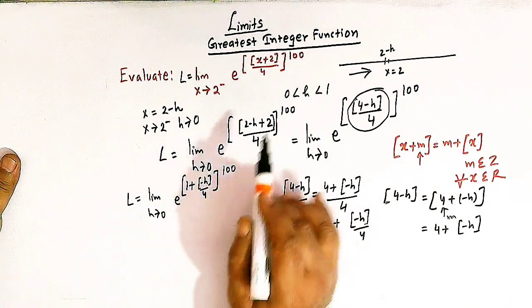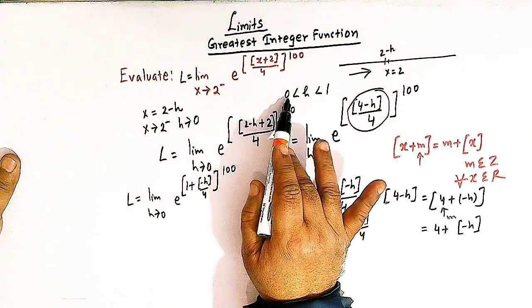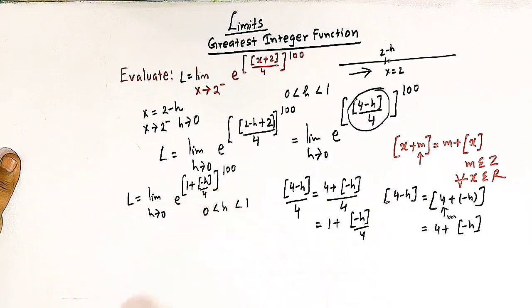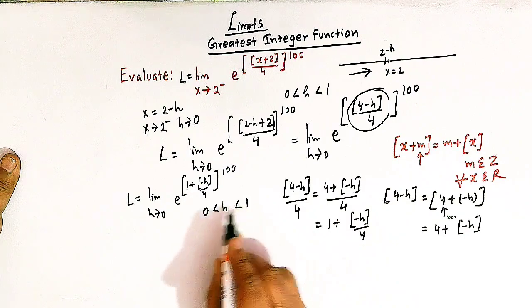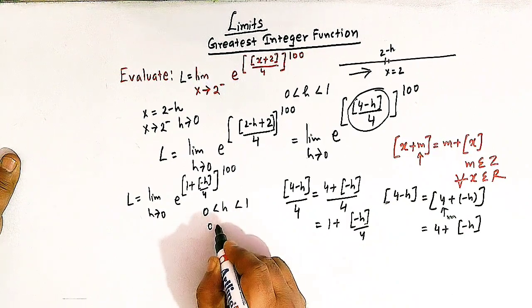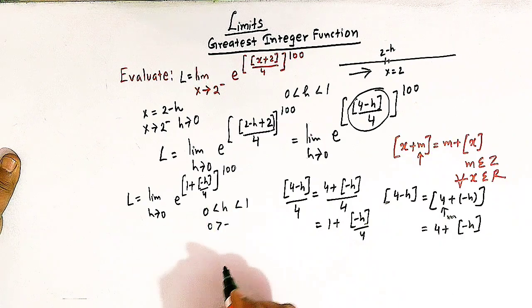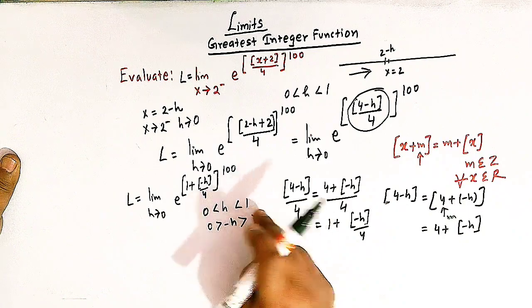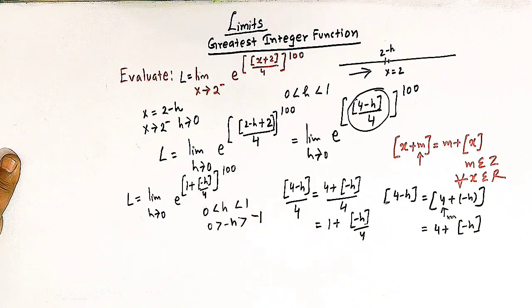Now we know that h lies between 0 and 1. If we multiply throughout by minus 1, the direction of the inequality gets reversed, so we have minus h, then minus 1.